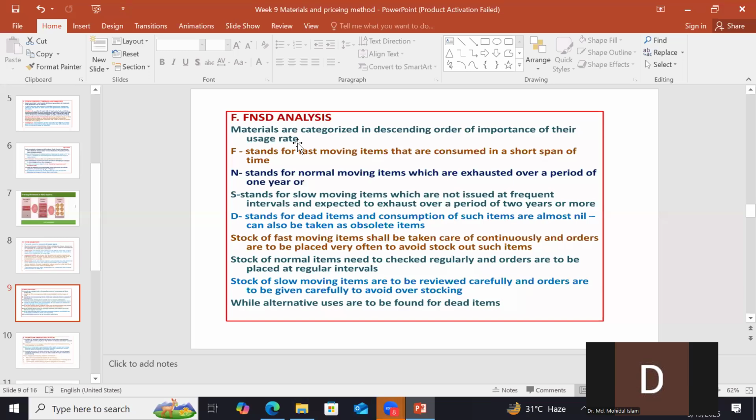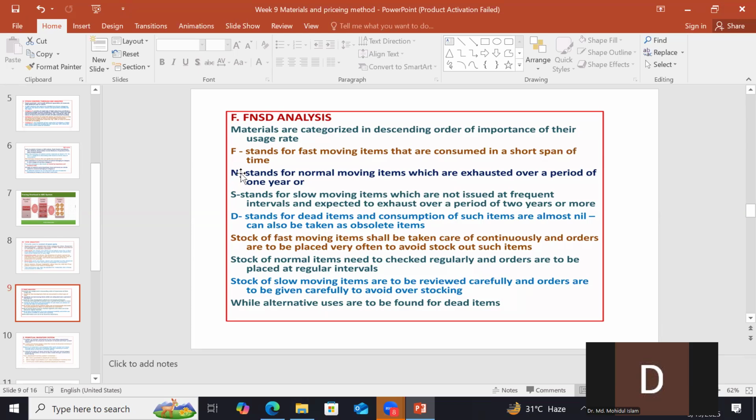F category product: fast moving items that are consumed shortly. This category of product moves fast, is delivered fast, and within a very short time a consumer finishes and enjoys it. This category of product we designate as F.